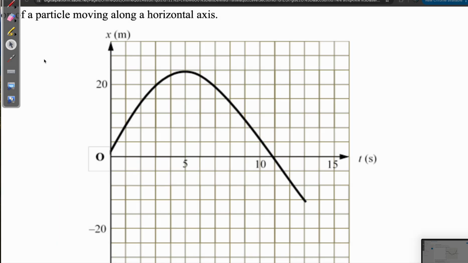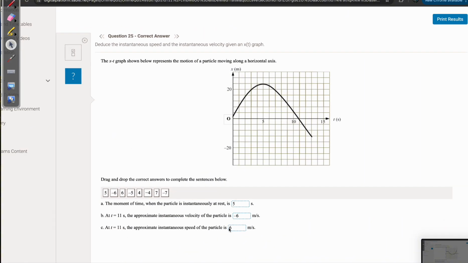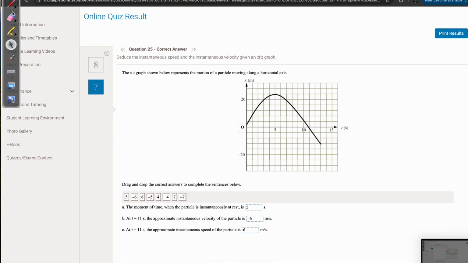Now here's something new. Instantaneous speed, we're going to make a relation, is equal to the absolute value of instantaneous velocity.